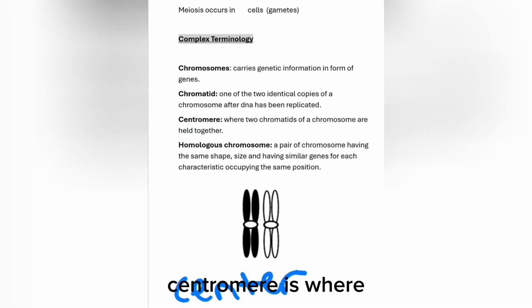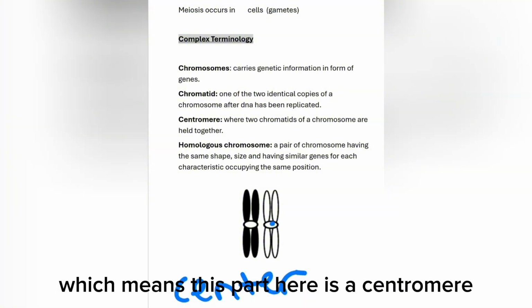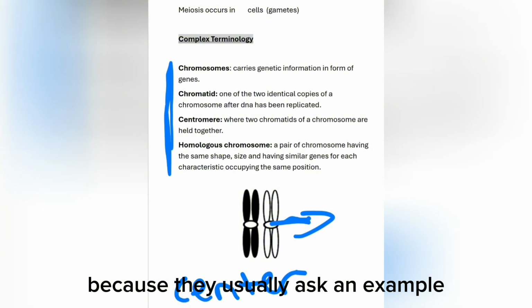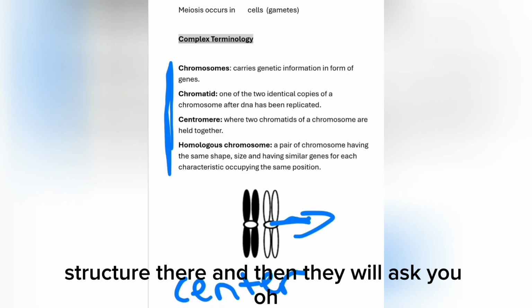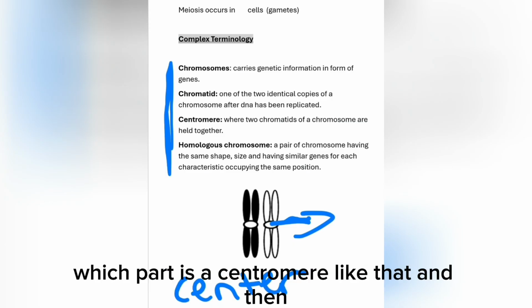So centromere is where 2 chromatids of a chromosome are held together, which means this part here is a centromere. And you should know all the 4 of the definitions because they usually ask in an exam not to define it, but they will put this structure there and then they will ask you, which part is a chromosome, which part is a chromatid, which part is a centromere, like that.